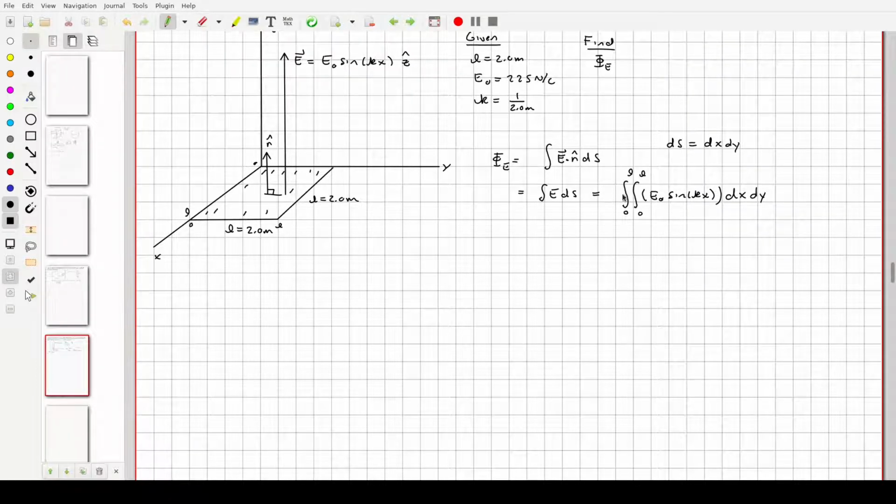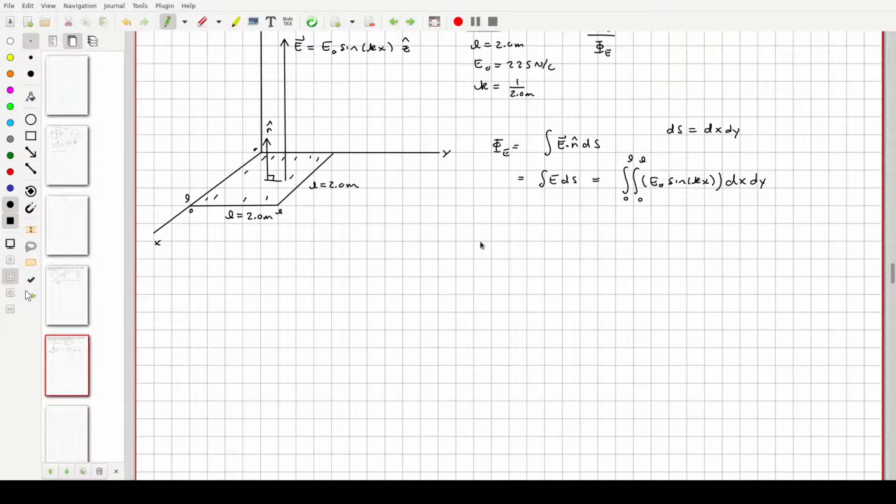That's 225 newtons per coulomb. I'll also notice that this function right here only depends upon x. It doesn't depend upon y. And what that means is that I can pull the E naught out, and I can also integrate the y part separately. I can pull it out as well. What I can't pull out is the x part.